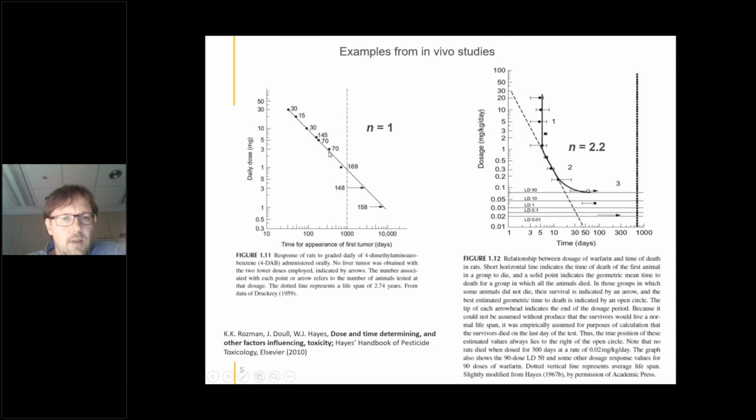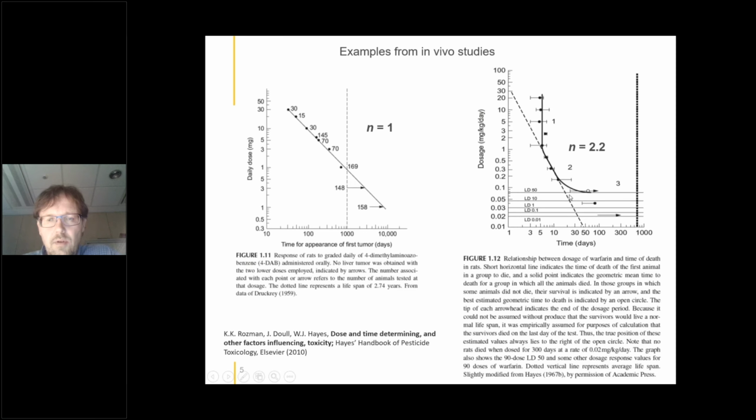You see that this relationship is nicely linear in the log scale, and the slope corresponds to n equals 1. And from this relationship, you can define a no effect concentration. If you extrapolate it up to the lifespan of these animals, you can get the maximal dose which would be accepted. Then you can apply certain safety margins and define the no effect concentration.